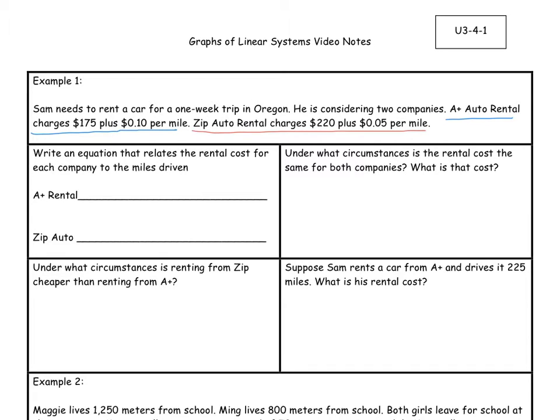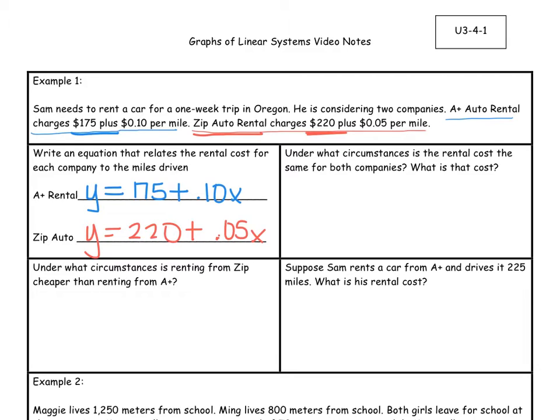So for A Plus Rental, we're going to call that y equals, has a $175 flat fee plus 10 cents per mile, and you can use m or you can use x. For Zip Auto Rental, they also have a flat fee of $220 plus 5 cents per mile. So here's our two equations.